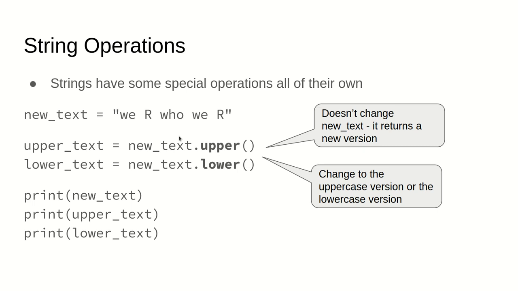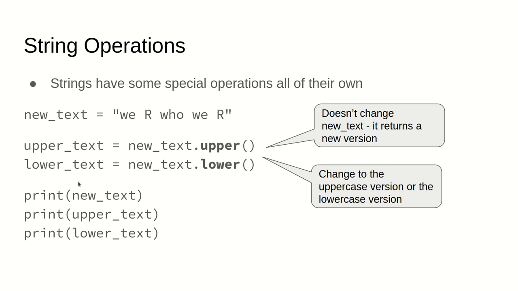So all characters that are alphabetical will be converted to their uppercase version if they're not already, or kept as their uppercase version if they already were uppercase. So the R's will stay uppercase, and the rest of it will get converted to uppercase in this first line. And in the second line, we'll get a new string again that is all of the characters converted to lowercase. So the R's will become lowercase, and every other alphabetical character will stay lowercase.